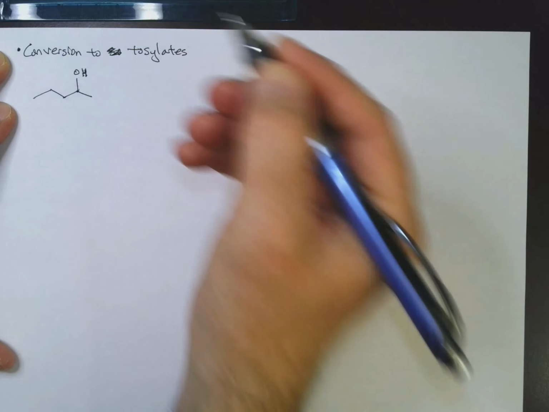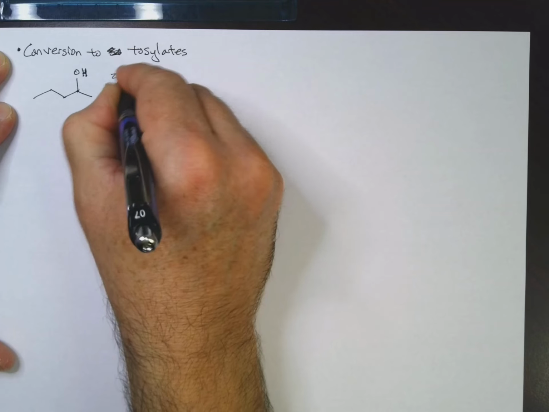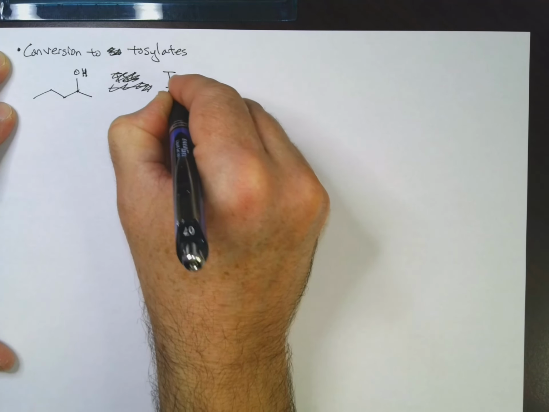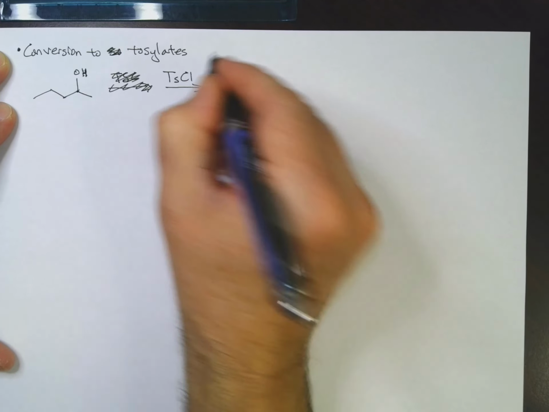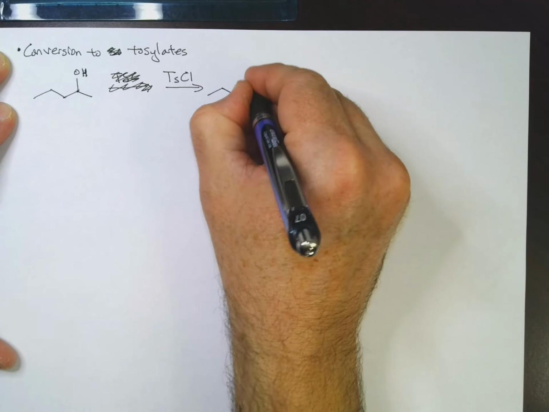And this really could be any TsCl, capital T lowercase s, TsCl. And now I will get OTs. I will get my tosylate.